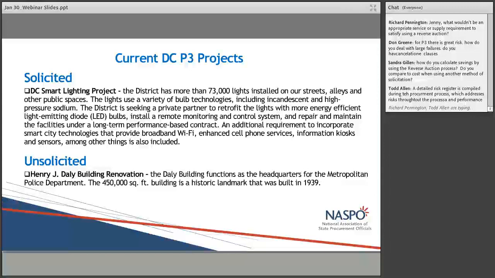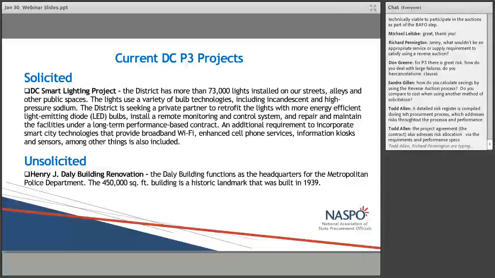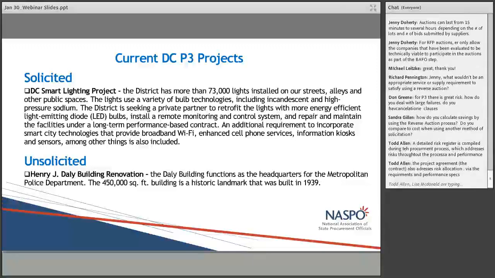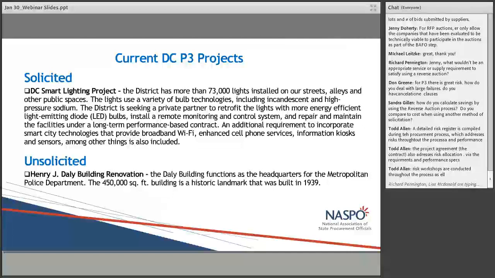In one auction, we'll see a supplier lower their price by tens of millions of dollars, but the awarded supplier only lowered their price by maybe a couple hundred thousand dollars because they were the low one to start before the auction even started, and they drove down those higher bidders to the neighborhood of where they were, but we only count the savings for the awarded supplier. So we take a very conservative approach with our auction savings.